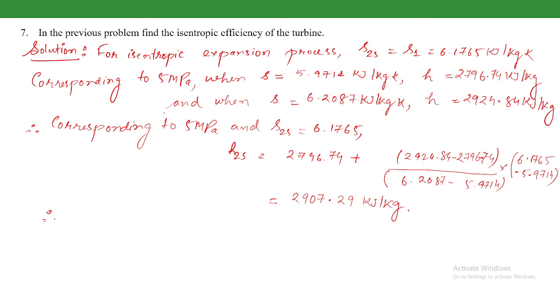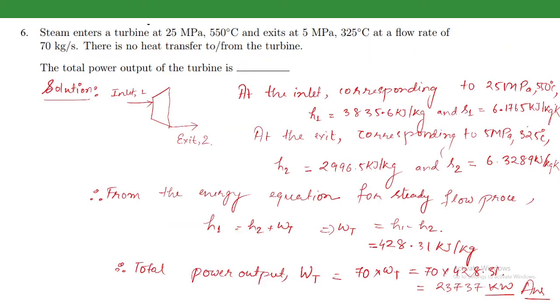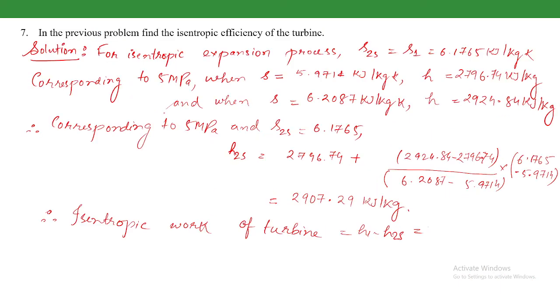Therefore, the isentropic work of turbine is H1 minus H2S. H1 is 3835.60 minus 2907.29.